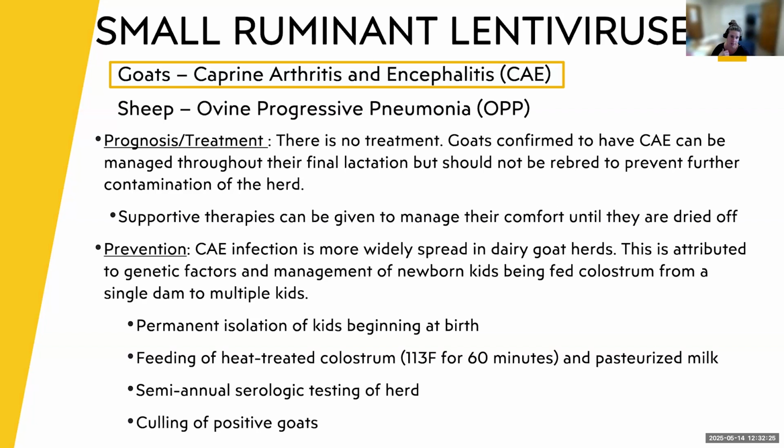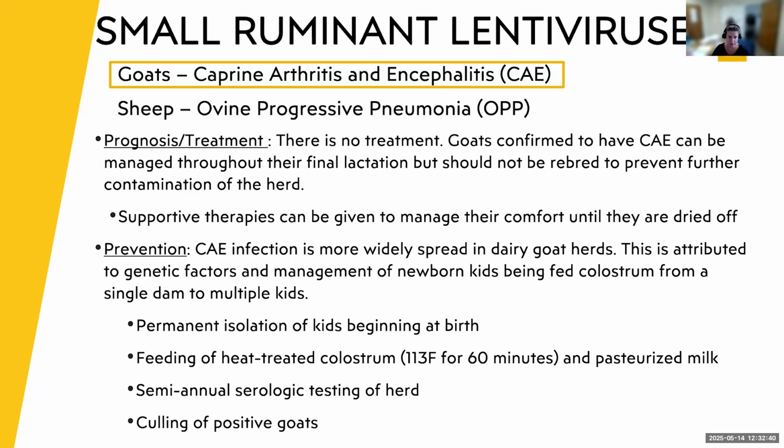For prevention, CAE infection is more widely spread in dairy goats. This is attributed to genetic factors, as well as management of those newborns being fed colostrum from a single dam to multiple kids.